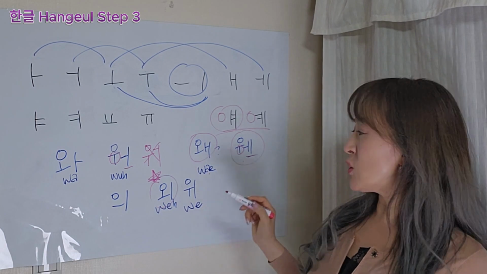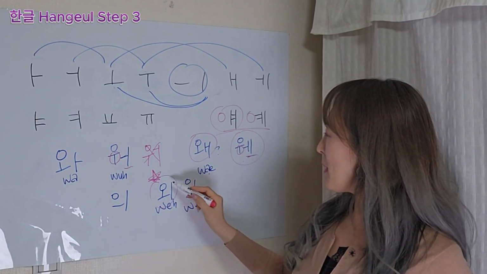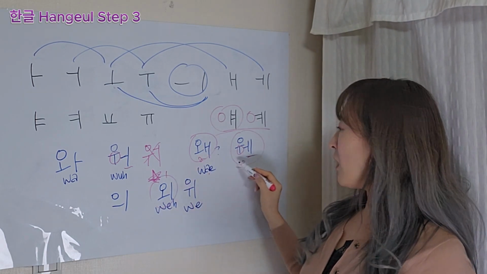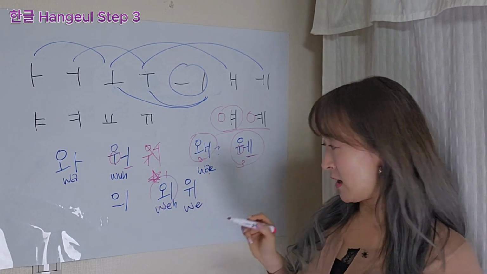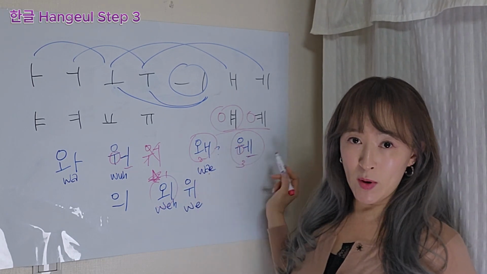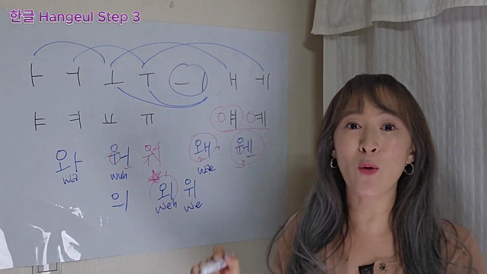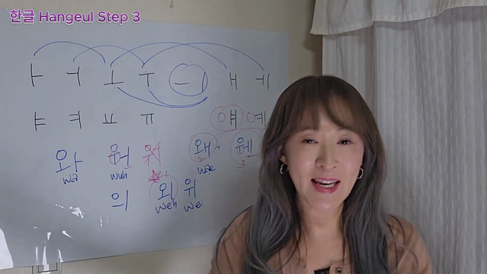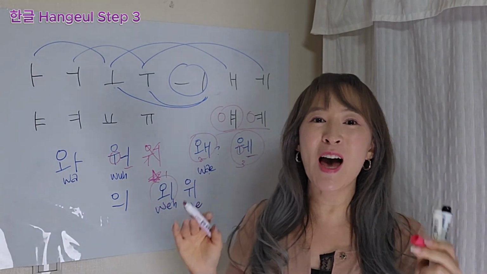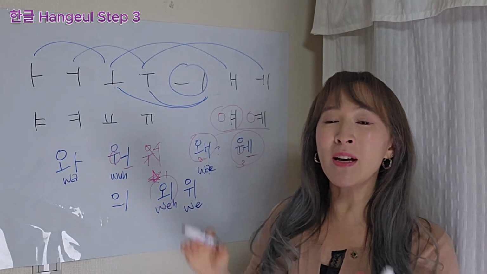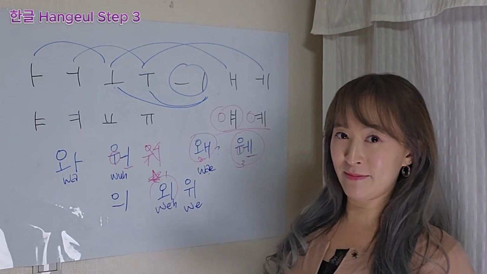It was we. So I think it's easier if you just remember this 1, 2, 3, same pronunciation, the same way, right? We, right? Okay, now that clears our vowels completely. Done. So you have finally mastered the Hangul vowels.